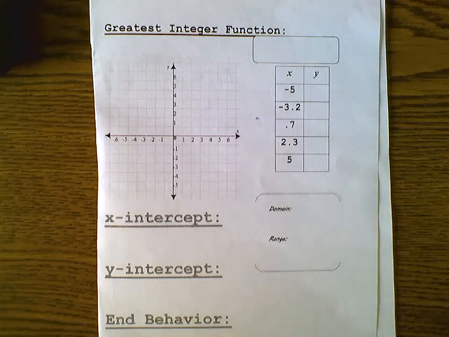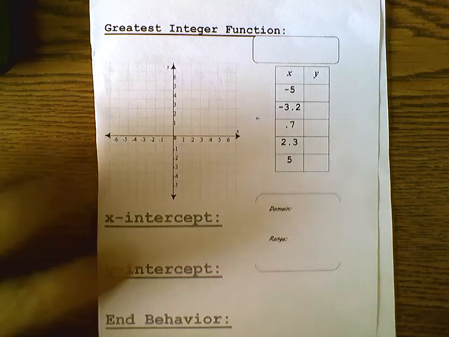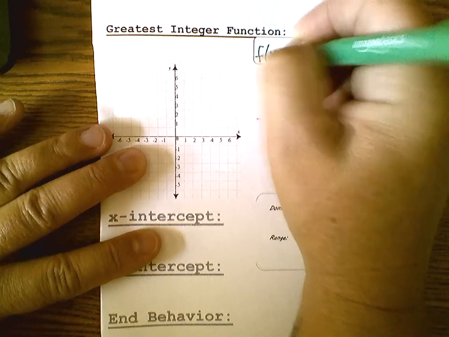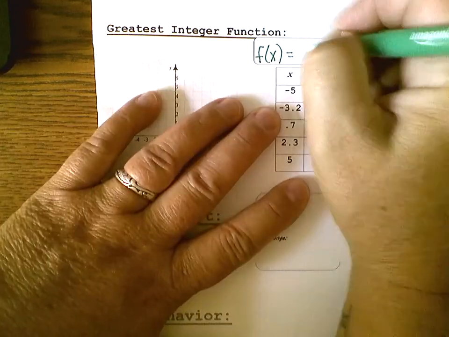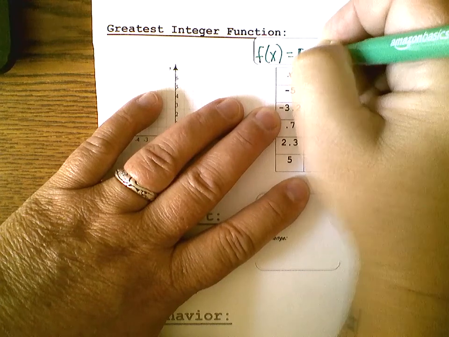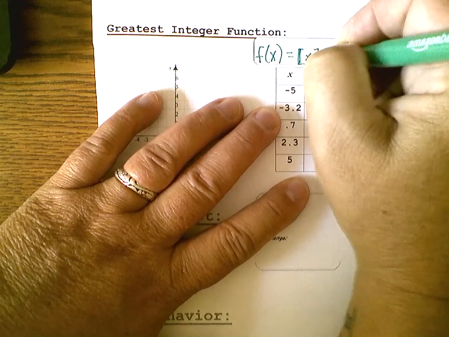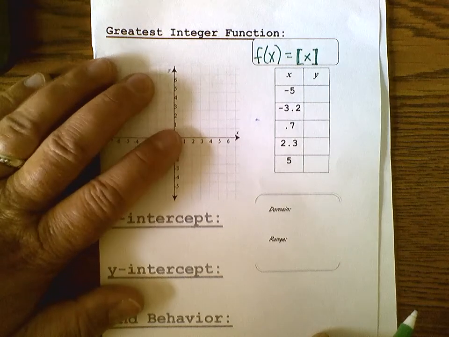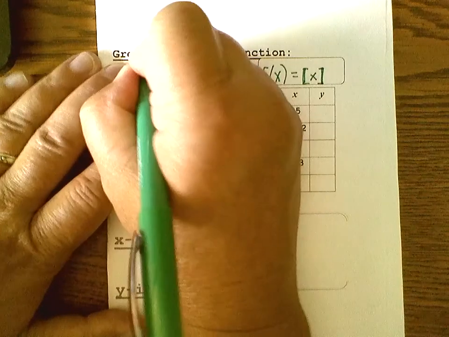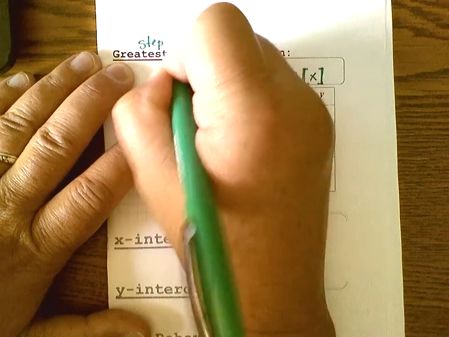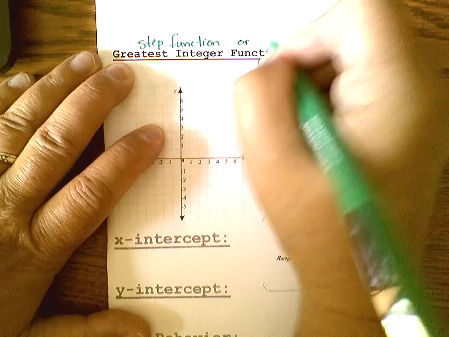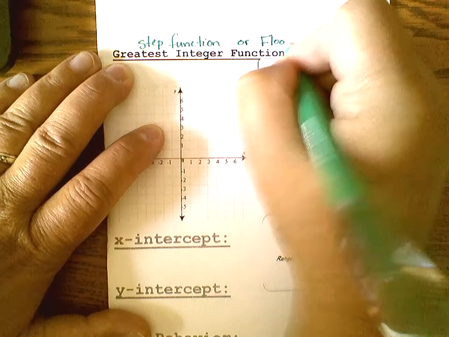Okay, last one and kind of the weirdest one is the greatest integer function. So we have this funky looking, well, you could just use regular brackets, but it's brackets around an x. This is also called the step function or the floor function.